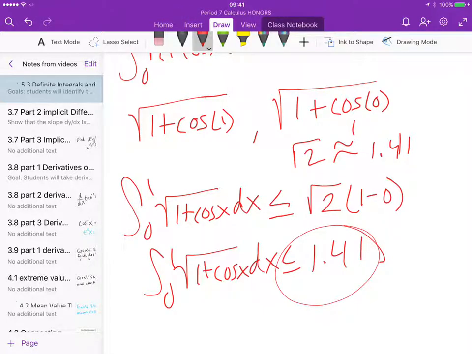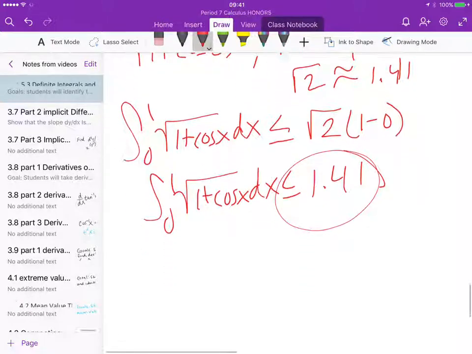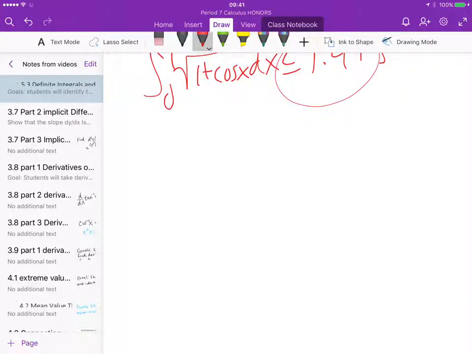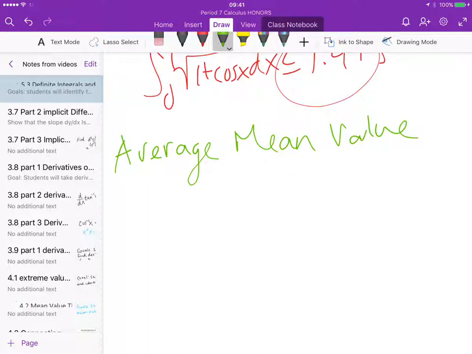All right, so the second part of this video was to look into what we call the average mean value for an integral. So let's talk here for a sec.